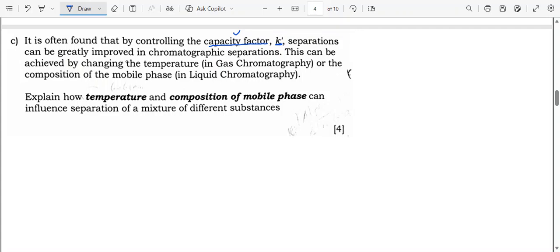This can be achieved by changing the temperature in gas chromatography or the composition of the mobile phase in liquid chromatography. All right, what are they trying to say here?